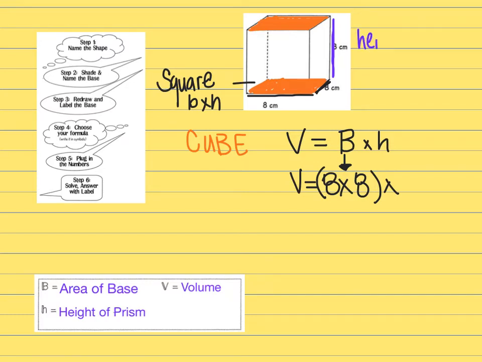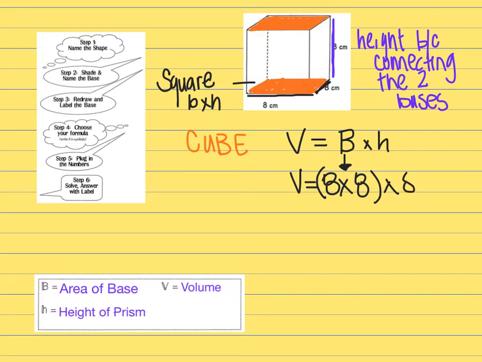So this would be my height. And it's the height because it is connecting the two bases. And that's going to be important in a shape here in a second. And again, since this is a cube, all the numbers are the same.